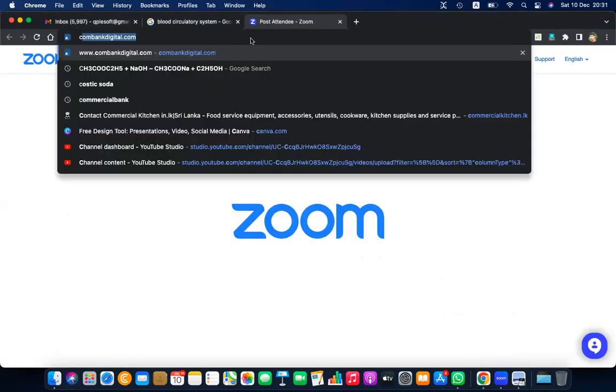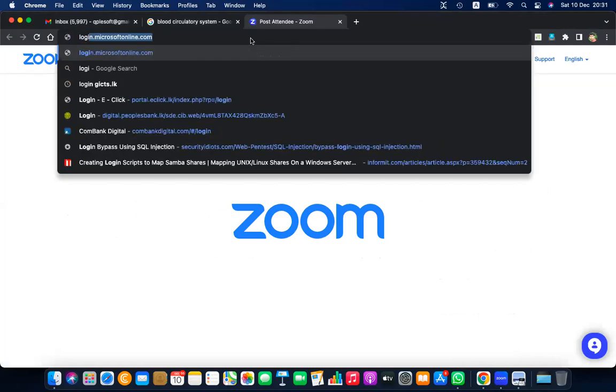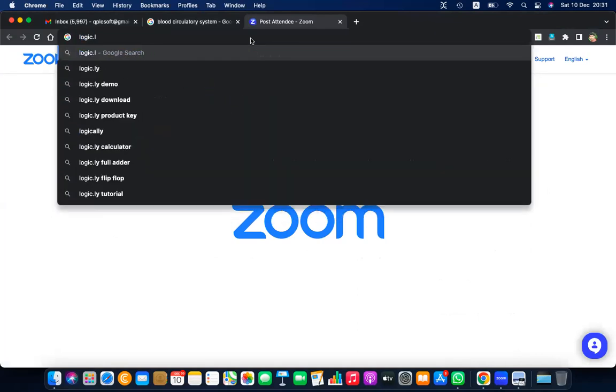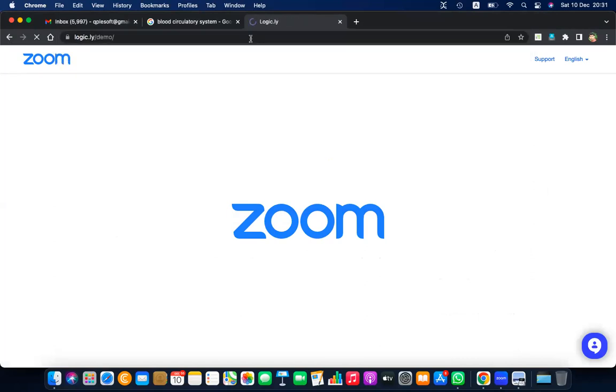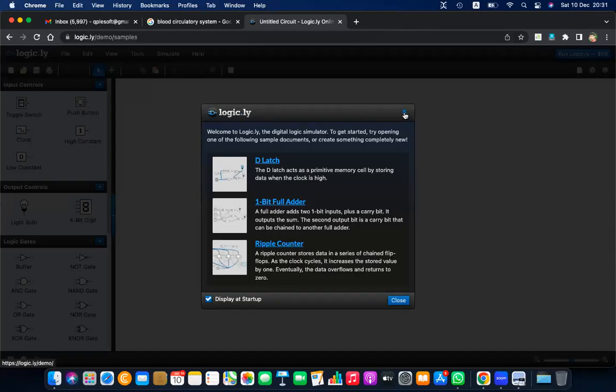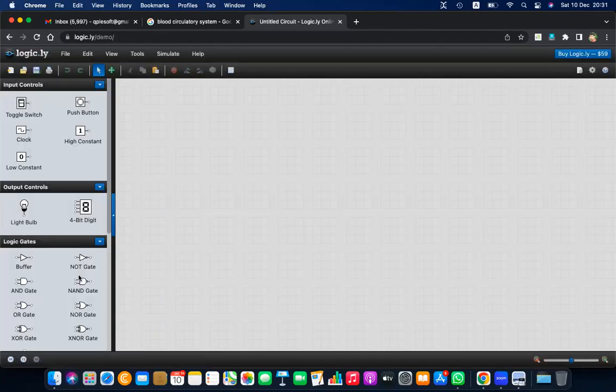So let's see this. Logic.ly, I'm using this website. Go to this website, and let me show why I'm telling like that. This is the NAND gate.